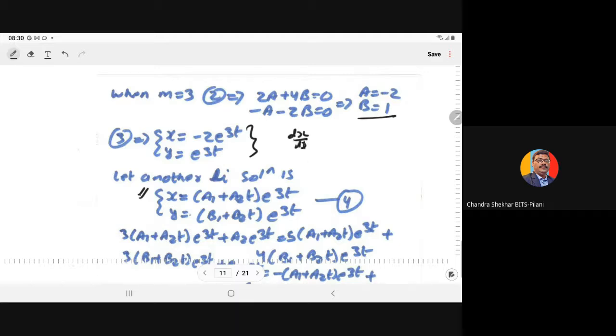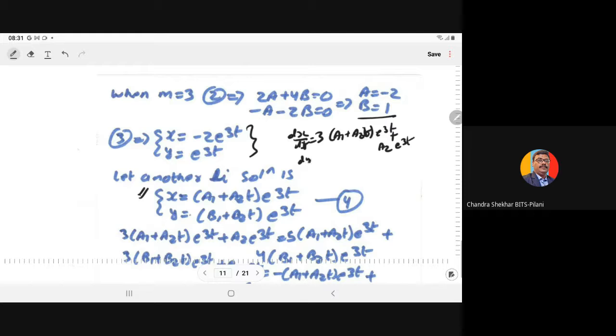Dx by dt will be 3 times a1 plus a2t e to power 3t plus a2 e to power 3t.